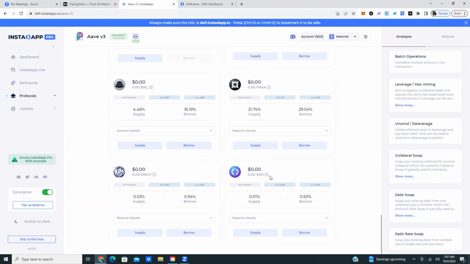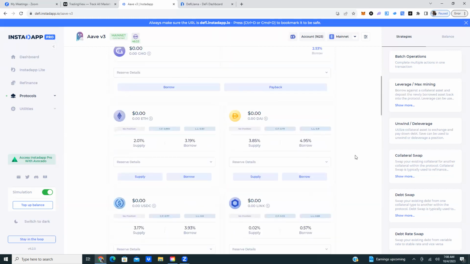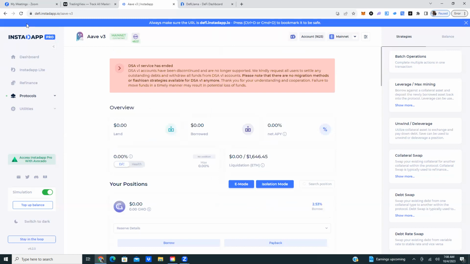Most people understand from a very basic perspective that these are the rates that allow you to borrow from your assets, and only up to a certain percentage, if that makes sense. I want to keep this as clear as possible. On this particular platform, you're going to have to do two things.